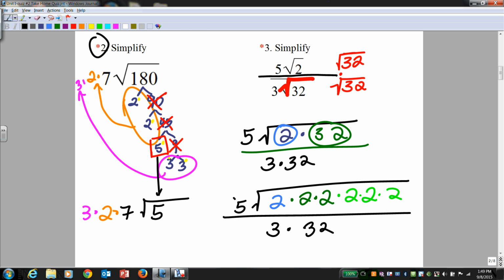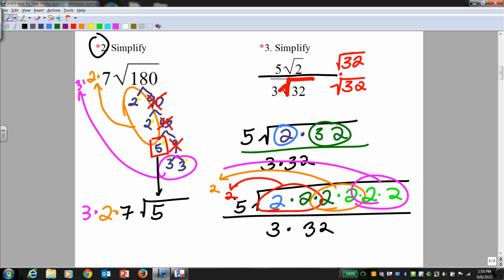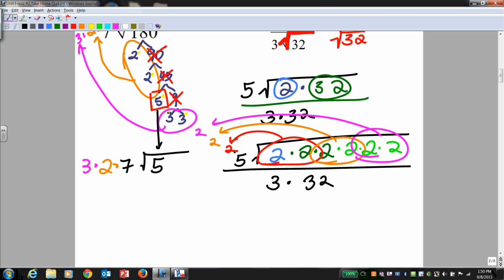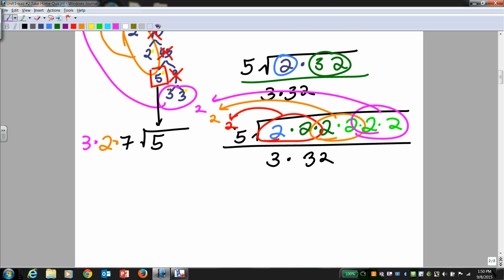Now, what you want to look for are your dates. Underneath the radical sign, we want to pull out pairs of 2. So let's see how many pairs. We have 1 pair of 2. That's going to come out. Have another pair of 2s. That's going to come out. And another pair of 2s. That's going to come out. So there's no one left in the radical sign.